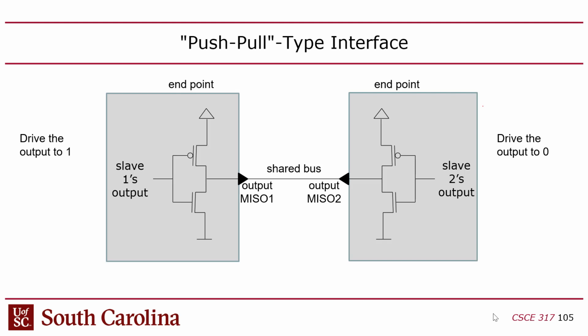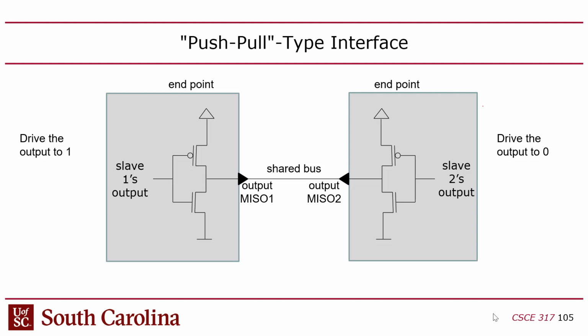An inverter has an NMOS and a PMOS. If you want to pull that wire up to VDD, to set it to 1, you turn on the PMOS and connect it to the power supply. At the same time, you disconnect it from ground, so you turn on the PMOS and turn off the NMOS.